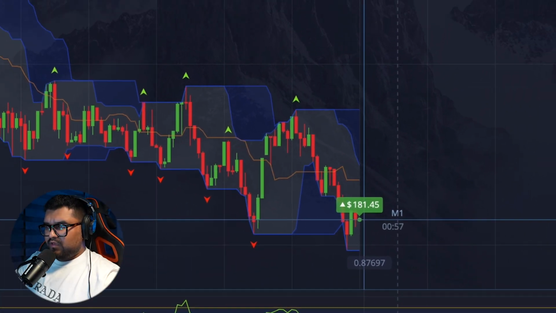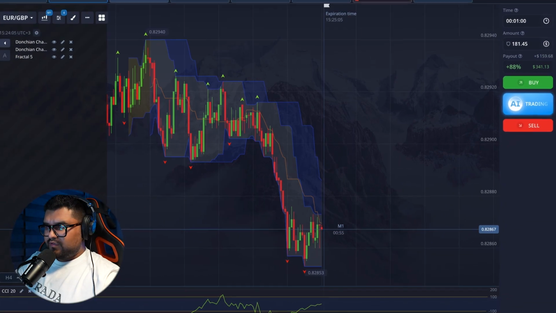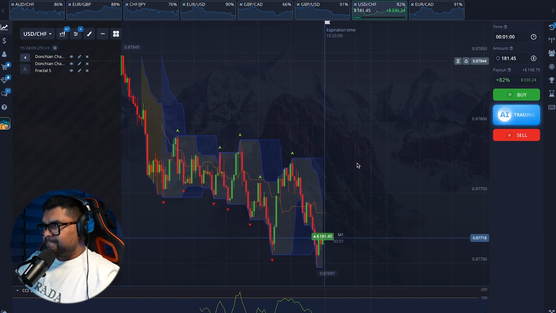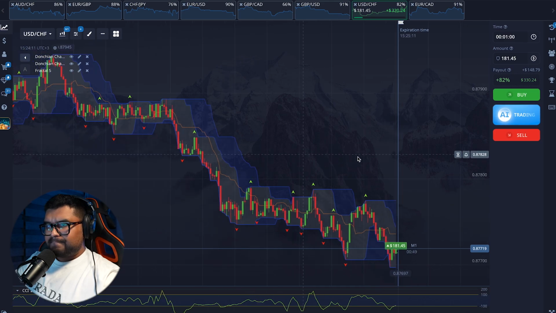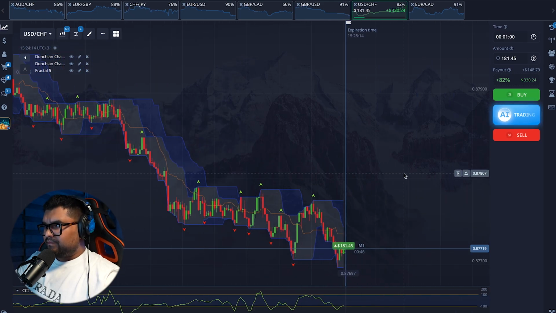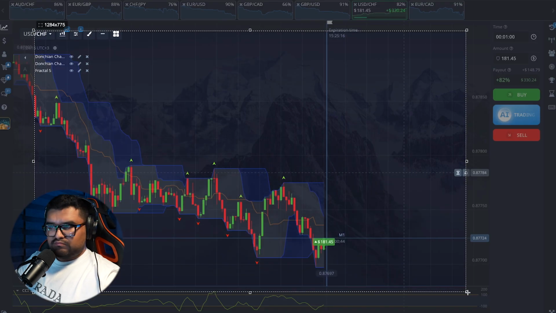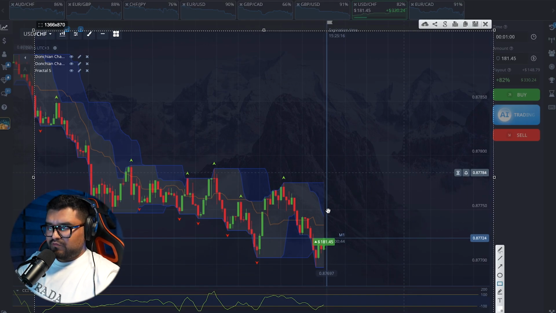Okay, so here we'll open a buy trade against the trend. Again, everything is clear. We also had an impulse of 5 candles here, right?